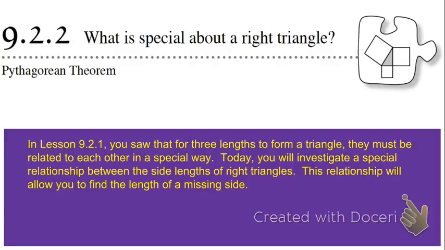in previous classes. In lesson 9.2.1, what you did yesterday, you saw that for three lengths to form a triangle, they must be related to each other in a special way. Today, we're going to investigate a special relationship between the side lengths of right triangles. This relationship will allow you to find the length of a missing side.